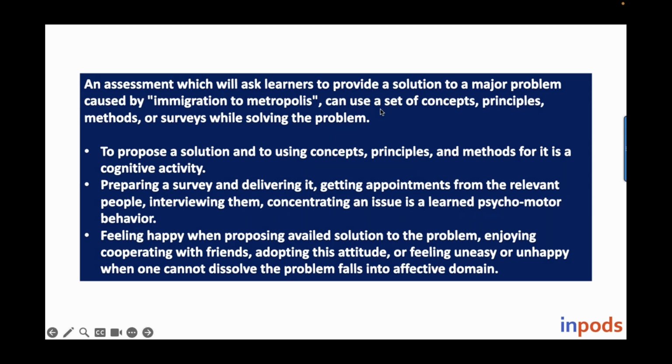And obviously they face some challenges. So the problem is to provide a solution to a major problem caused by immigration to metropolis, and they can use a set of concepts, principles, methods, or surveys while solving the problem.